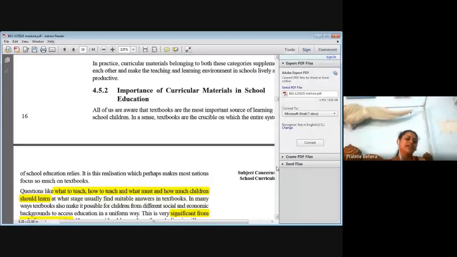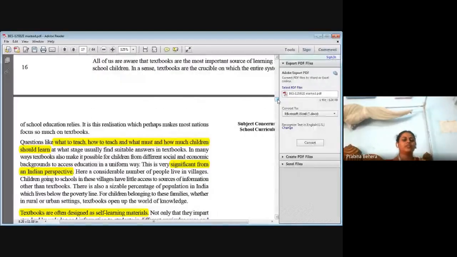So the questions like what to teach, how to teach, and what and how much children should learn, the answer is given by the curricular material. We find a suitable answer in textbooks, because textbooks are designed considering the age group and the subject concerned.